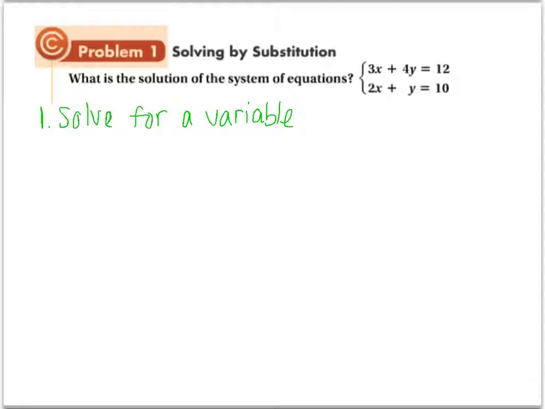I'm going to make it as easy as possible, so I'm going to take the equation 2x plus y equals 10, and I'm going to solve for y.